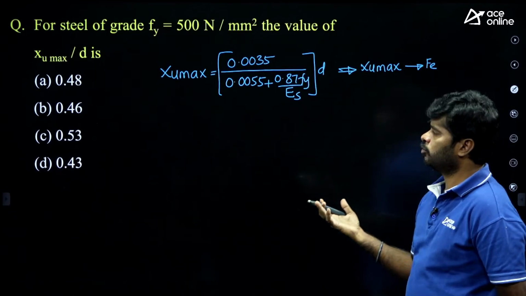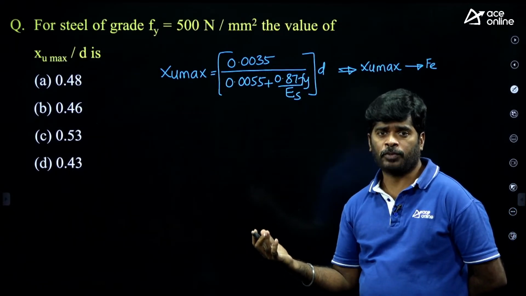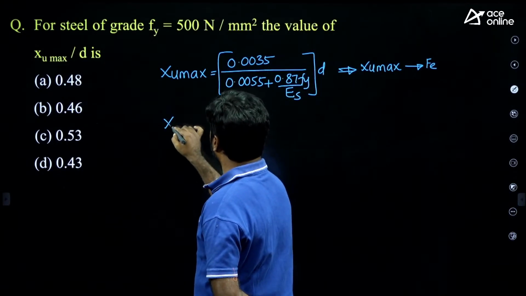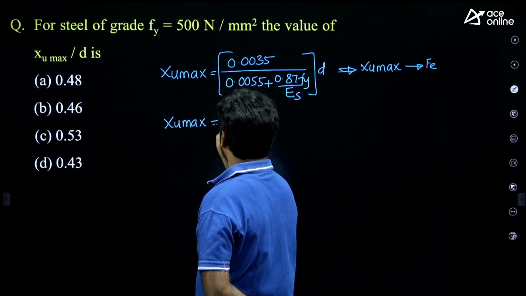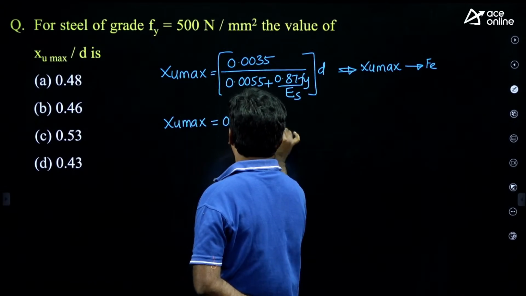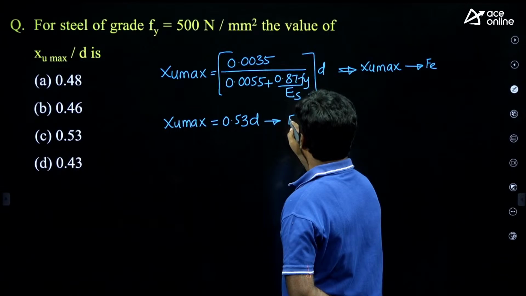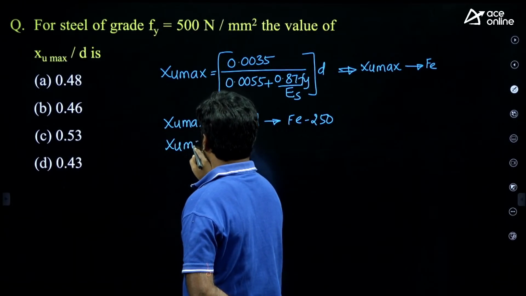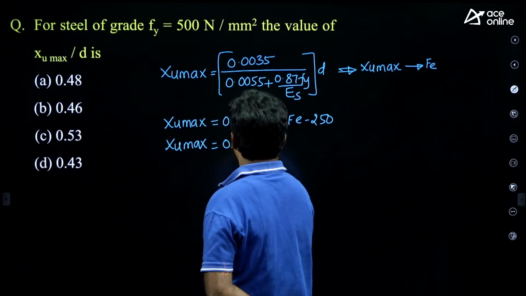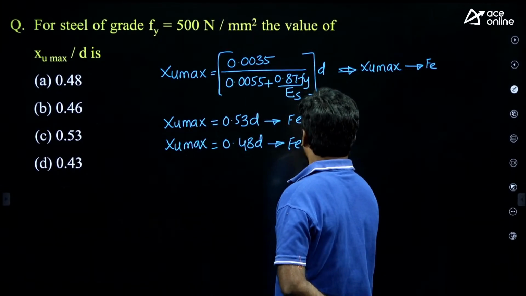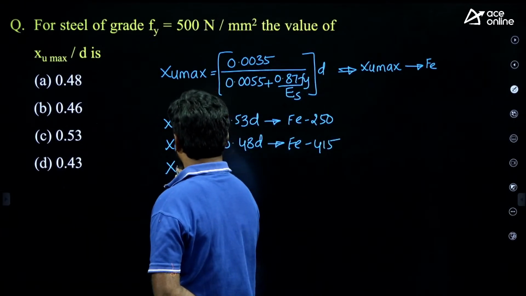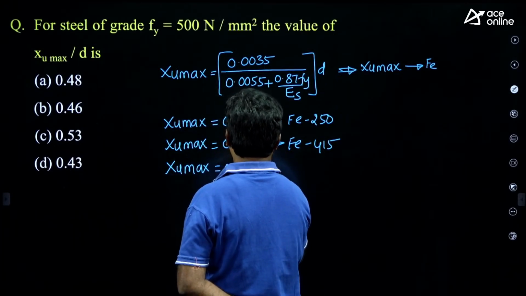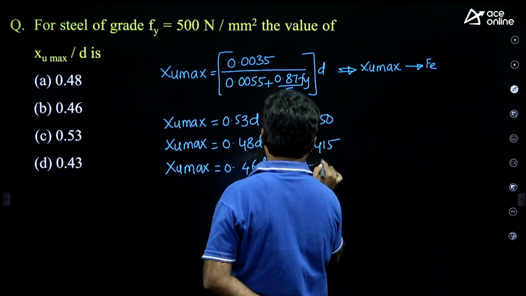So maybe we'll expect a question: limiting depth of neutral axis depends upon grade of steel only. And what is the value of xu max? It depends on grade of steel. So xu max equal to 0.53D for Fe 250 grade steel, xu max equal to 0.48D for Fe 415 grade steel, and xu max equal to 0.46D for Fe 500 grade steel.